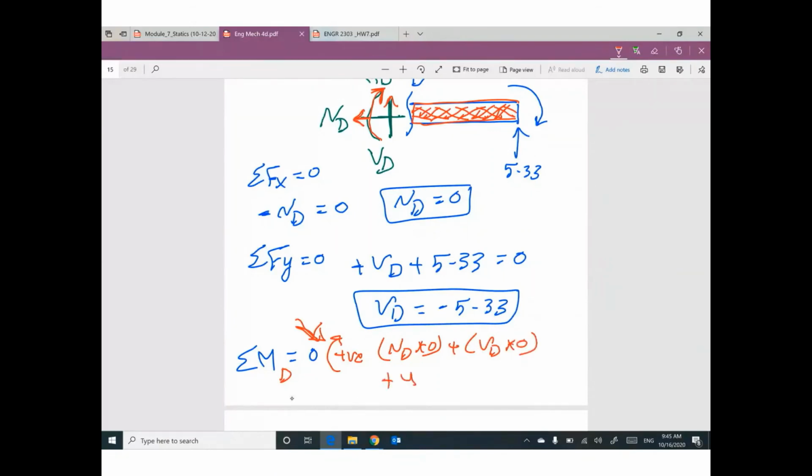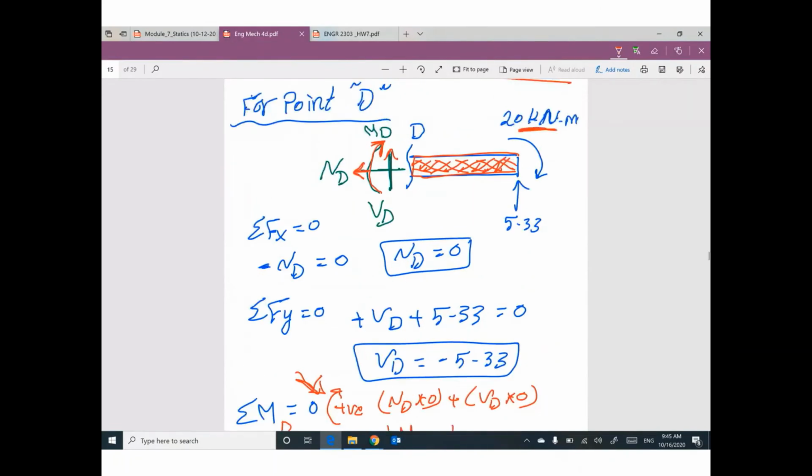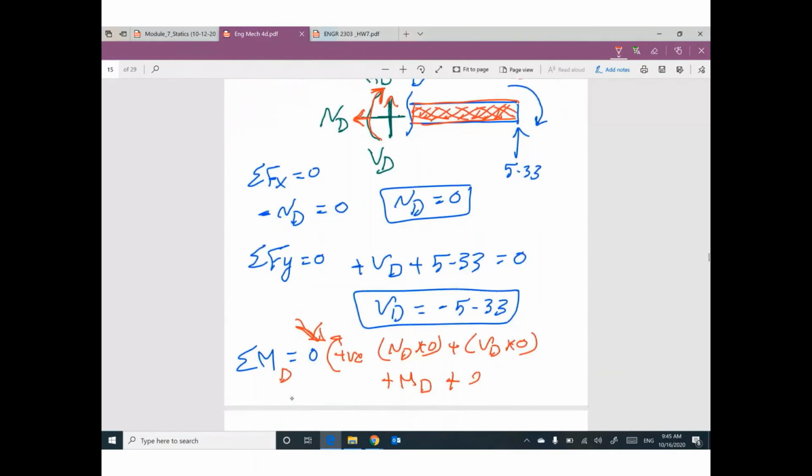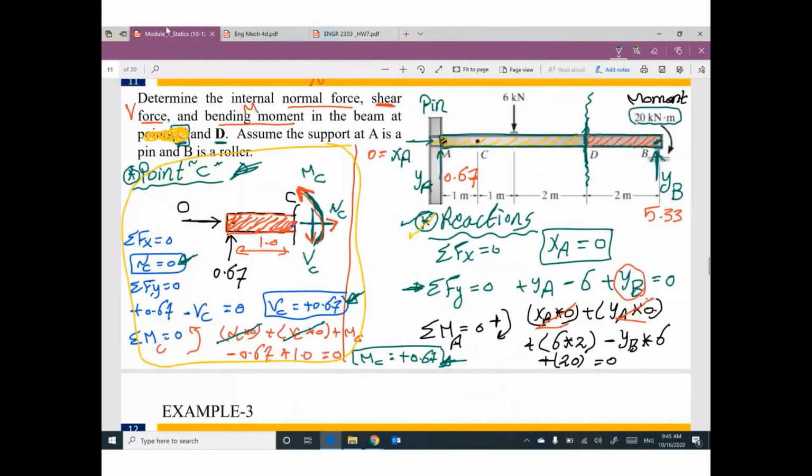MD, we don't need distance. Plus, we have 20. We don't need distance. We have negative 5.33 times this distance. How much? 2 meters.